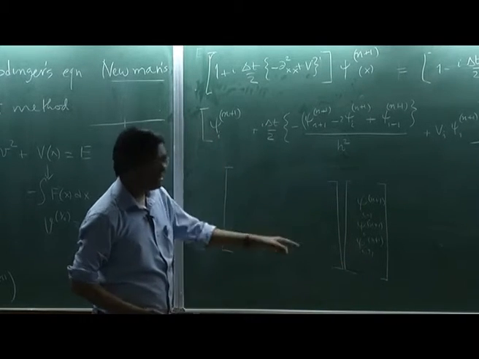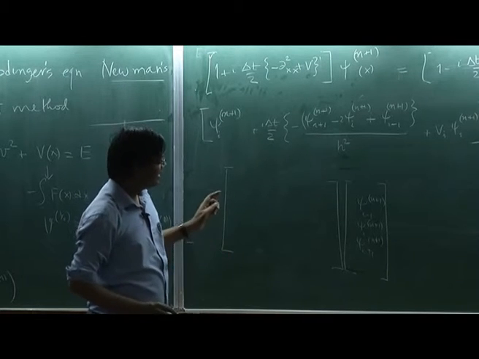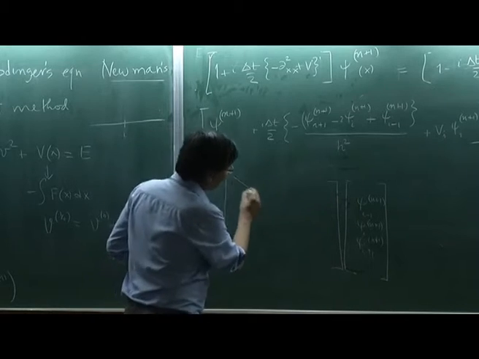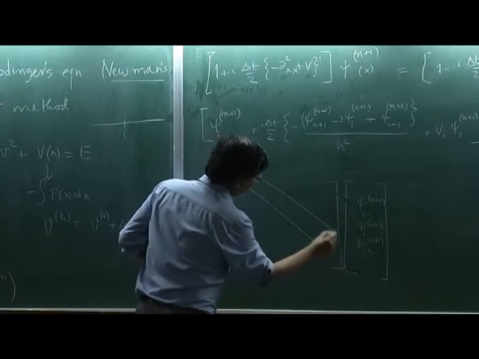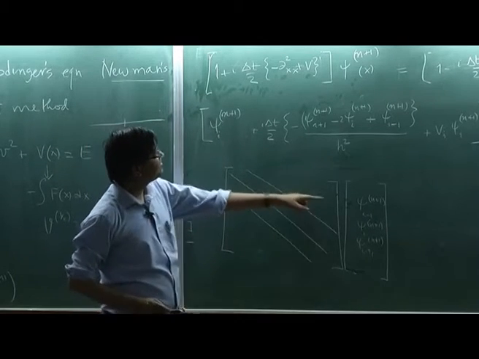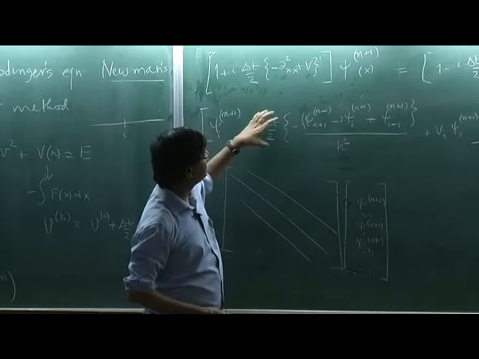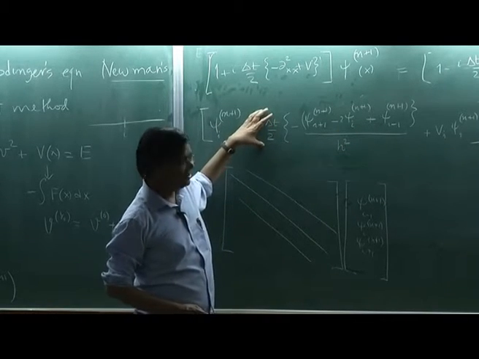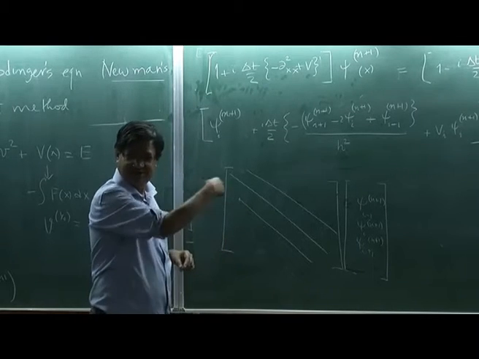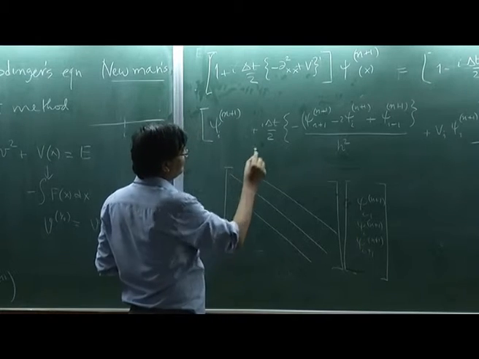Now what are the entries here? Let us look at the ψ(i) entry or the ψ(i−1) entry. In fact they come in diagonal form, tridiagonal form. So what is the coefficient of ψ(i−1)? It is only this one, off diagonal here, on the left, so this will multiply here.